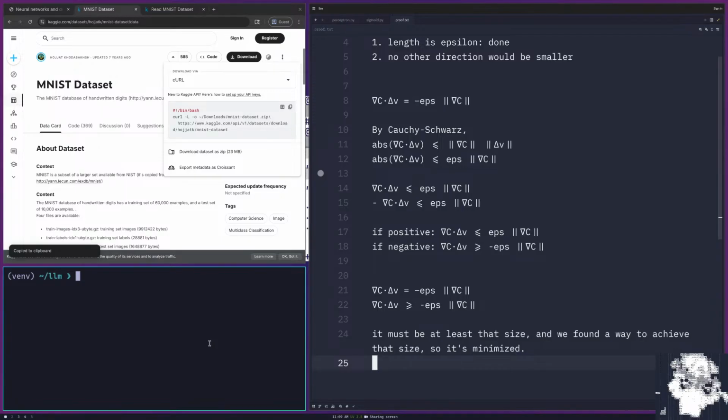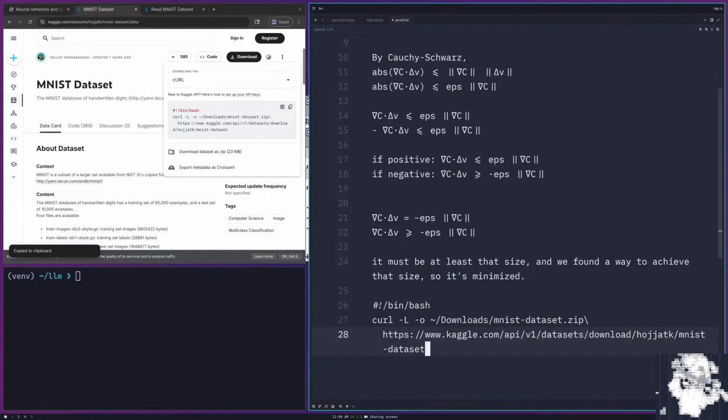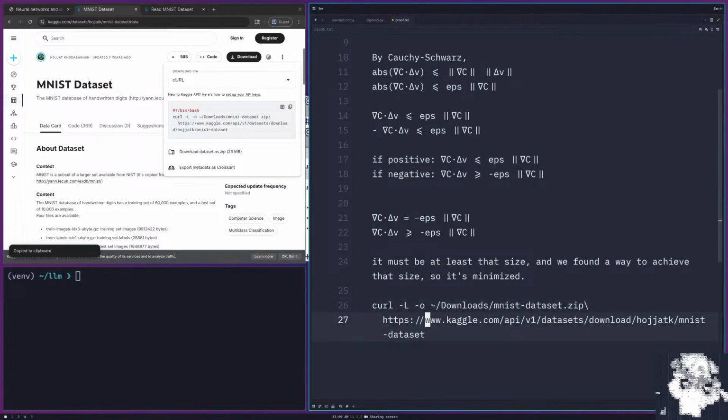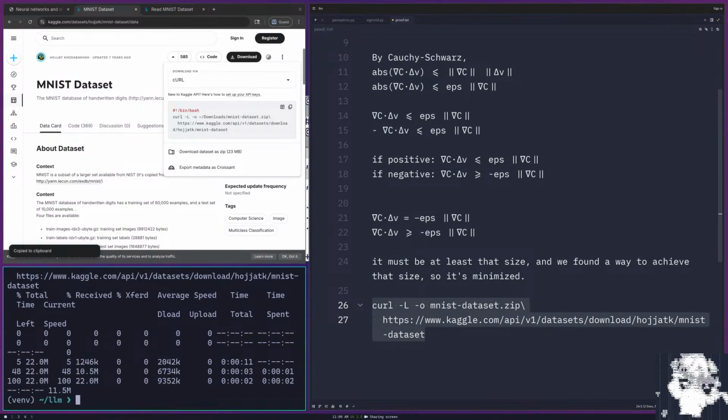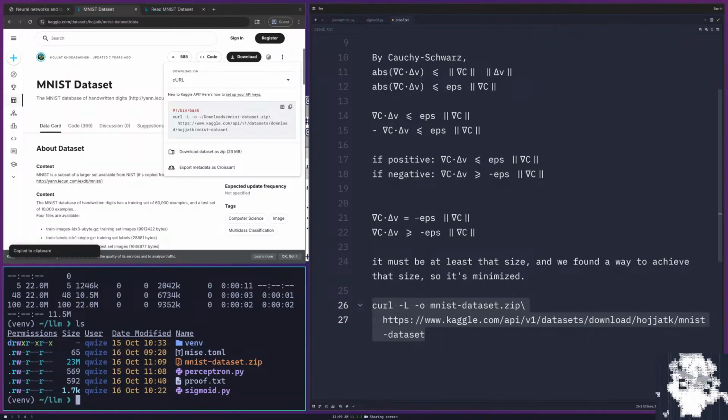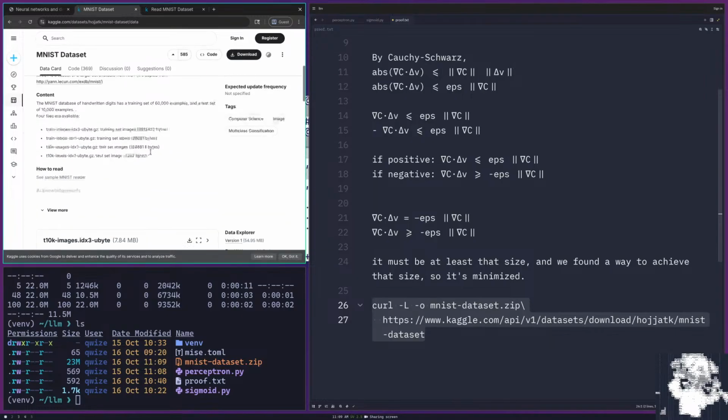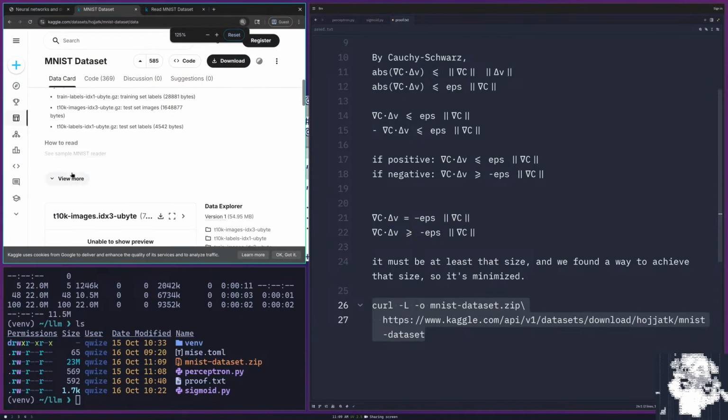Don't download it to downloads, though. Download it to right here. Okay, we have the data set now. Now how do I work with it? How to read.